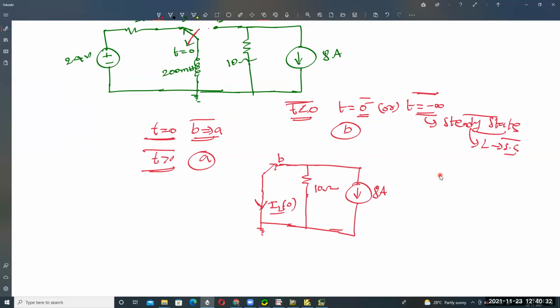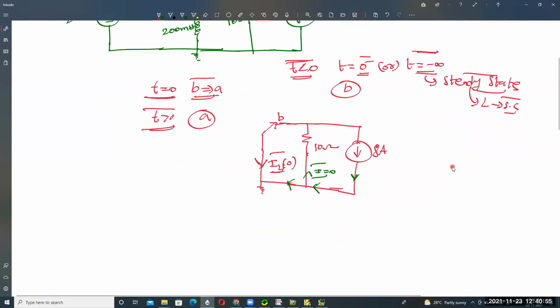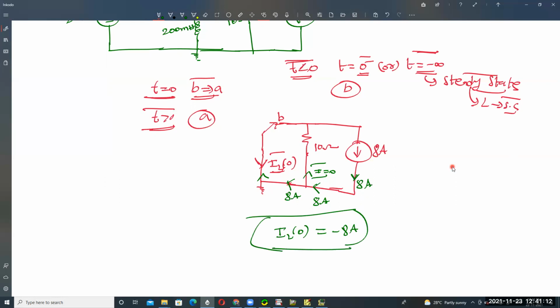That is the initial condition, IL of 0. Because of the short circuit, whatever current is generated by the source enters like this, and there is no current flowing through the 10 ohm resistor because the inductor is a short circuit. So the 8 amps leaves like this, opposite to our inductor direction. That's why IL of 0 is minus 8 amps. So we get this type of initial condition.